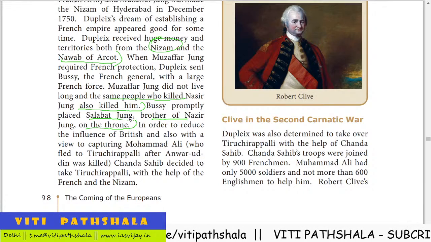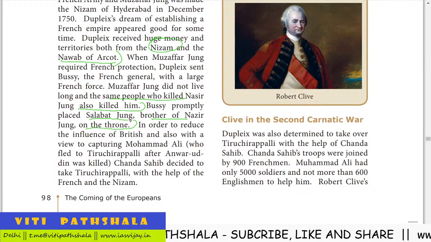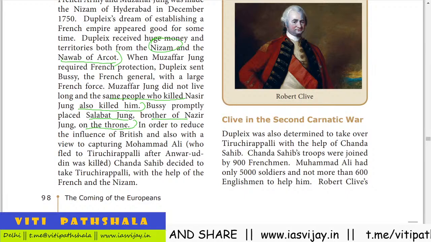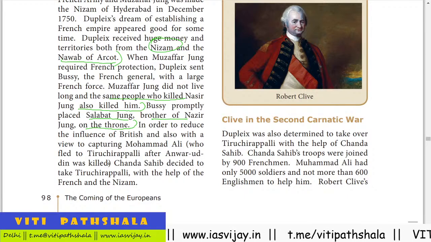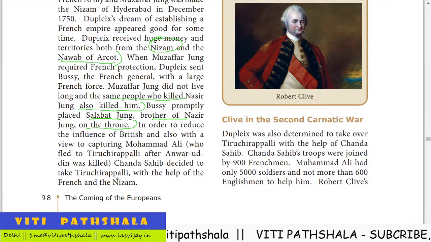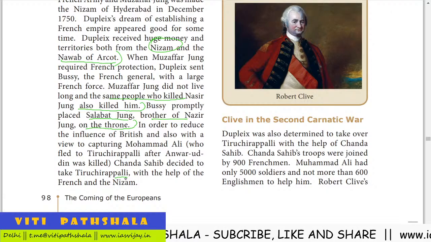In order to reduce the influence of the British and also with a view to capturing Muhammad Ali, who fled to Tiruchirappalli after Anwaruddin was killed, Chanda Sahib decided to take Tiruchirappalli with the help of the French and the Nizam.